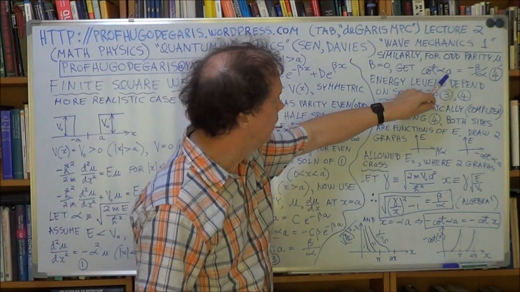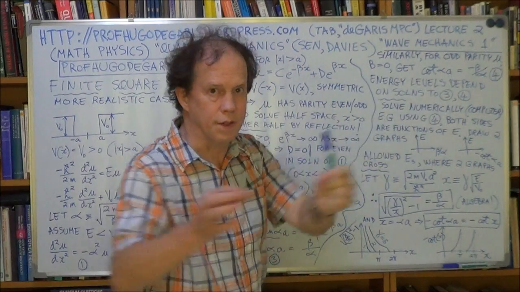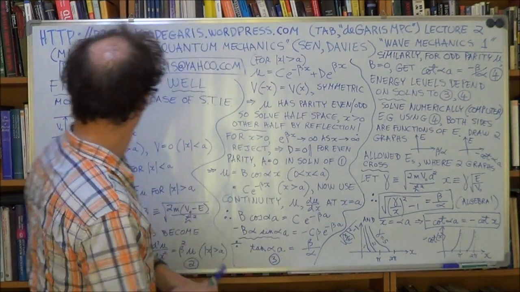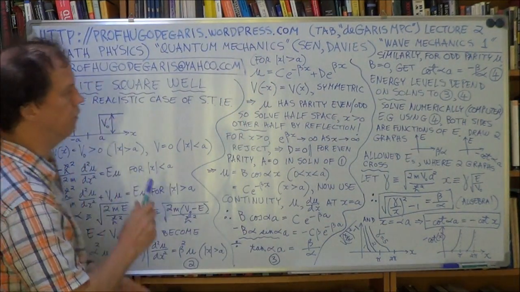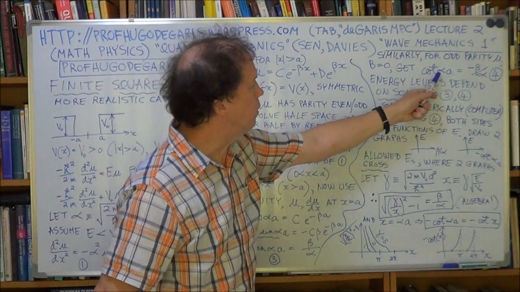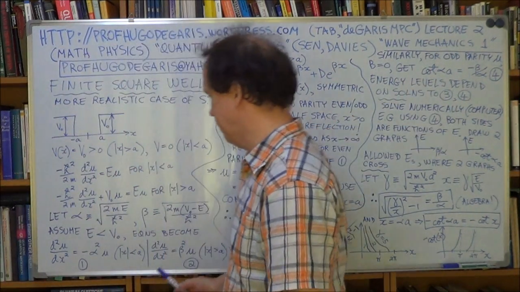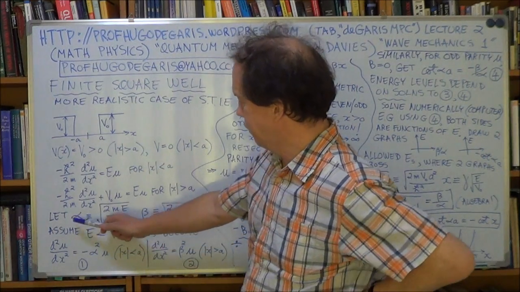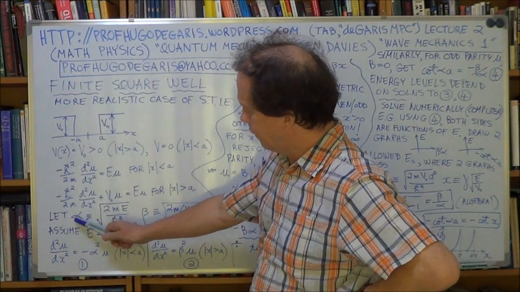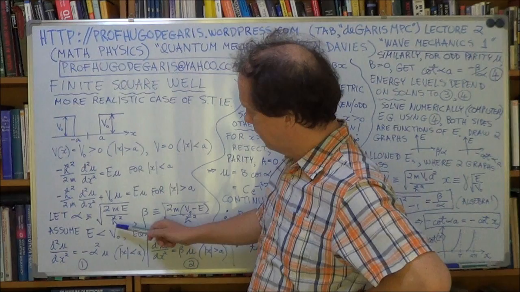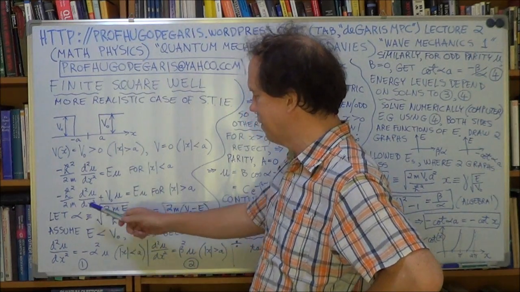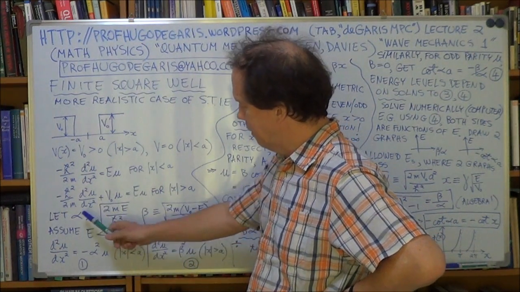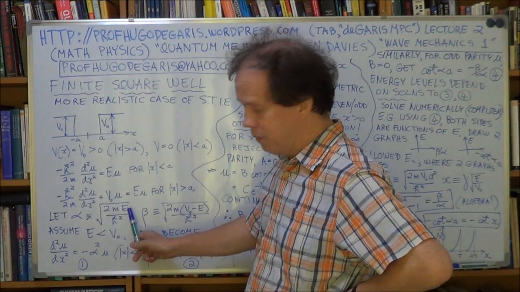Well, a is a constant. That's just the size of your region. That's a given, so that doesn't vary. But alpha, what's alpha? Alpha is the square root of 2mE over h bar. H bar is a constant, m is a constant, but E can change. E is a variable.